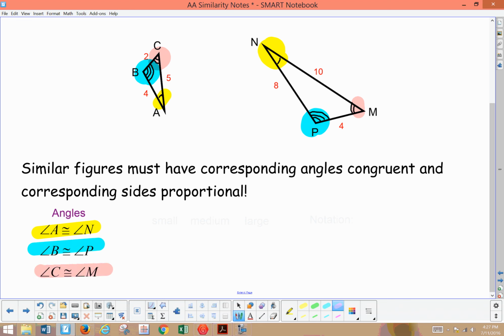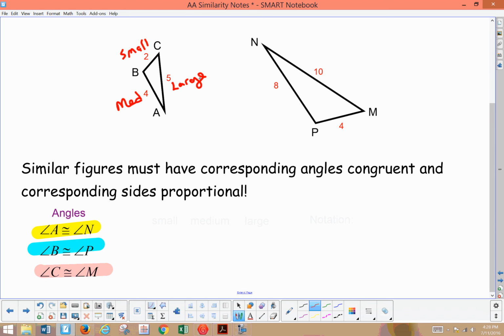Well, what do we mean when we say corresponding sides are proportional? Well, let's take a look at the sides. If I take a look at the sides, in the first figure, I have 3 different sides. Those 3 different sides I'm going to call small, medium, and large.